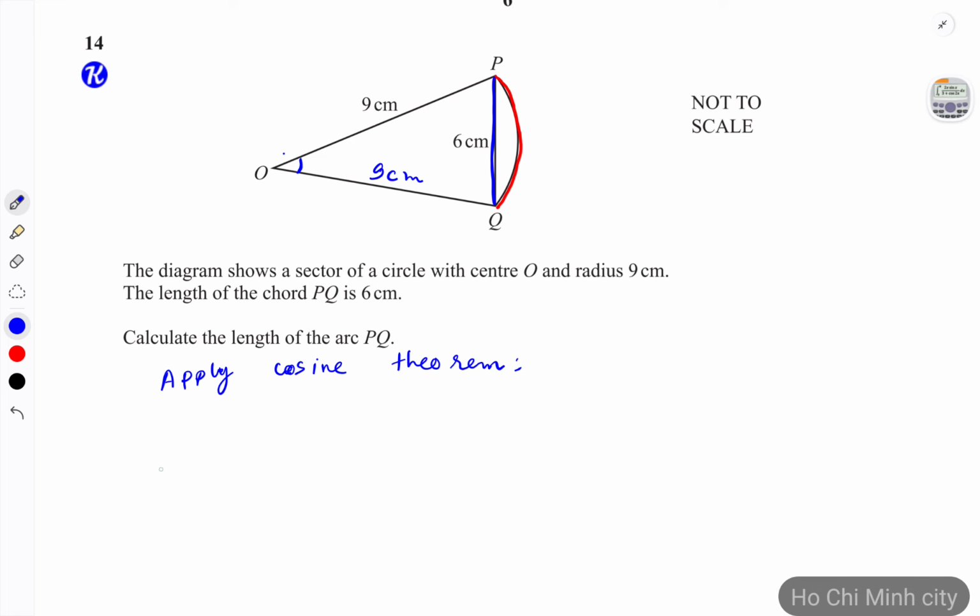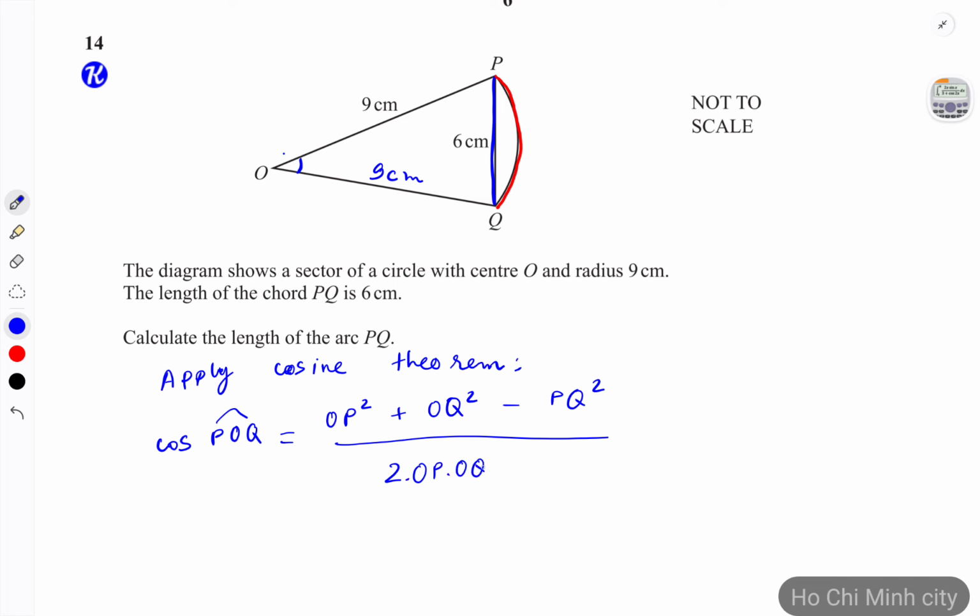We have the cosine of POQ is going to be OP squared plus OQ squared minus PQ squared, divided by 2 times OP times OQ. All right, so that one is the cosine theorem.